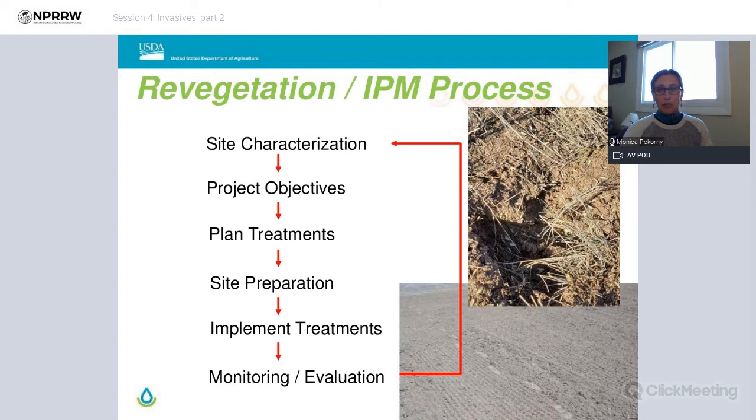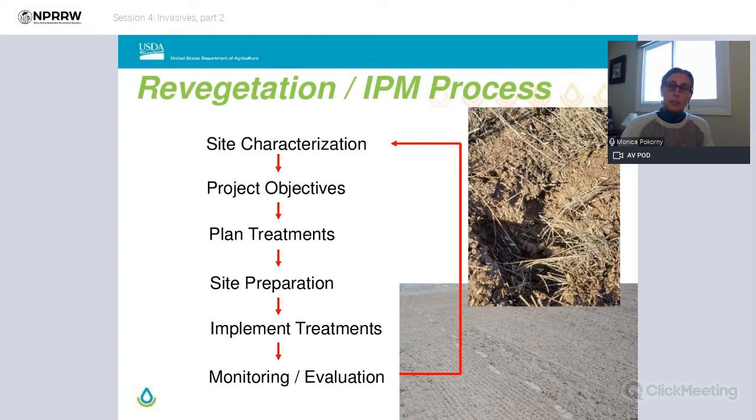What is the precipitation like? What time of year are we getting that precipitation? What kind of soils do we have on the site? Maybe even what your aspect is, if you're on a slope. Those are all really important questions so that you're picking appropriate species that are going to be suited to your site conditions. And that'll help you be more successful.